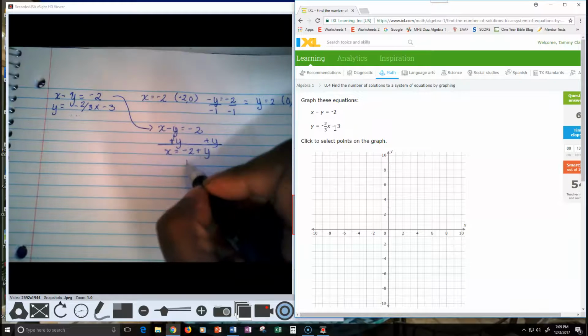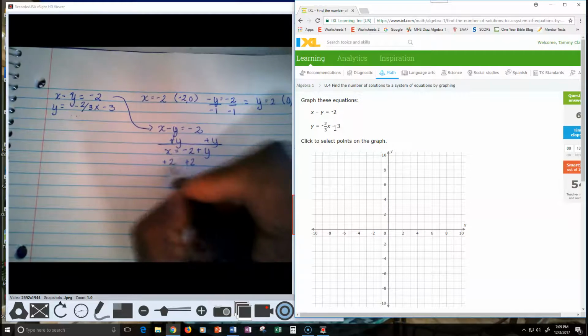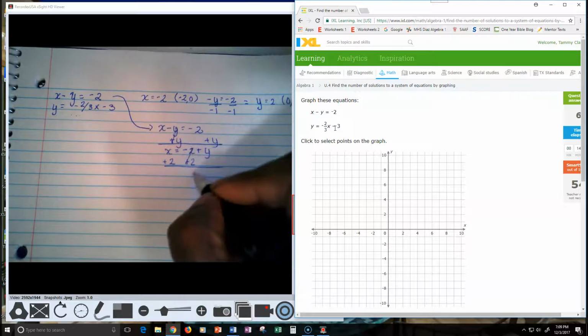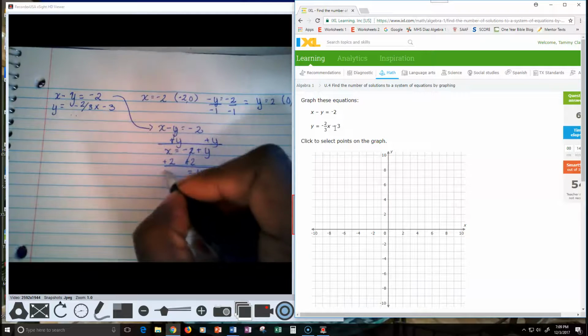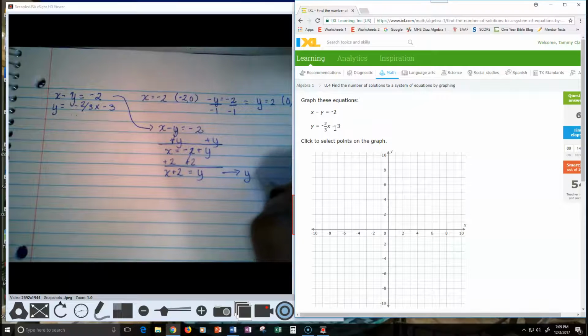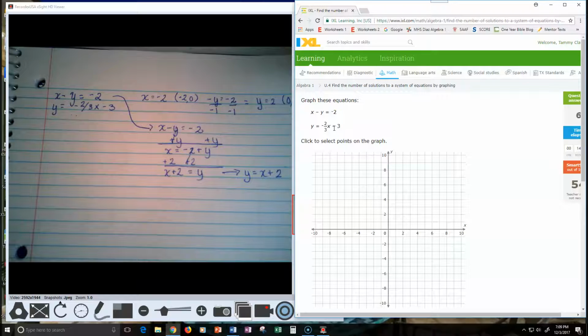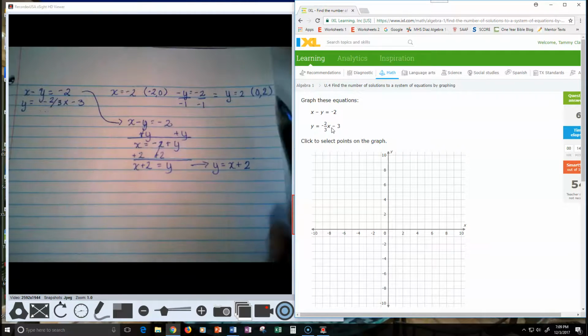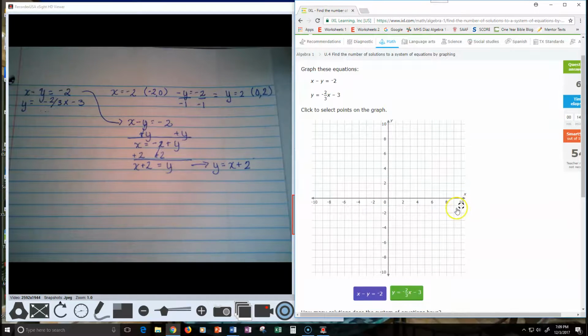And I want y alone, so I'm going to add 2 to both sides of the equation. And I've got y is equal to x plus 2. If it bothers you, write it the other way. As long as the signs travel with each term, you're fine. So y is equal to x plus 2. Now, notice that my y-intercept is 2. And when I did the math using the cover-up method, my y-intercept is 2. So it really doesn't matter which way you choose to do it.